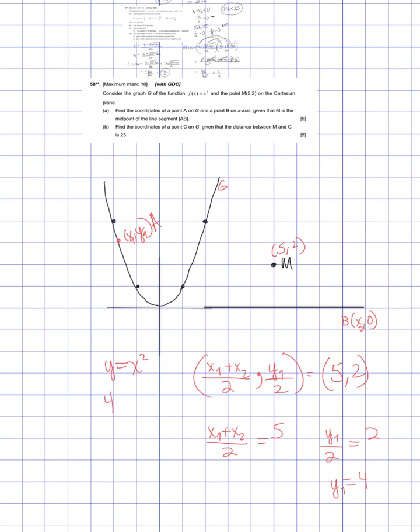So if we have 4 here, we can see that if we solve this, x is going to be plus or minus 2. So basically we have the point (2, 4) and (negative 2, 4), which actually is here. I drew those. And here.